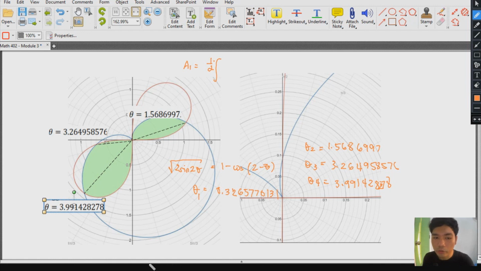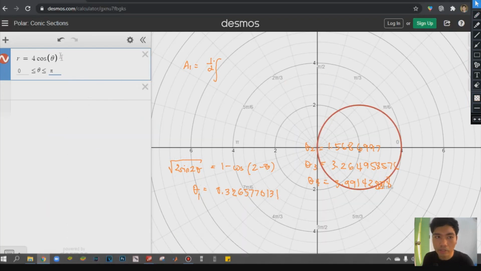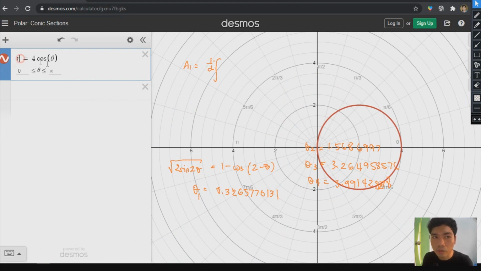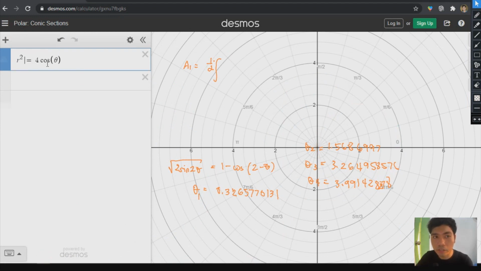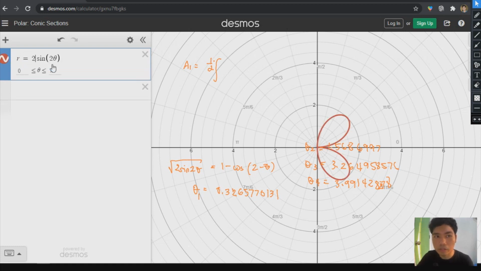So, kung di kayo sure, pwede nyo rin naman siyang i-graph dito sa ating graphing calculator. You can go back to Desmos and then try to have it as r squared is equal to 2 and then sine 2 theta. I think hindi pala kaya ng Desmos yung may ganun. So, you have to make sure na you square this, square root. Okay? So, ayun.